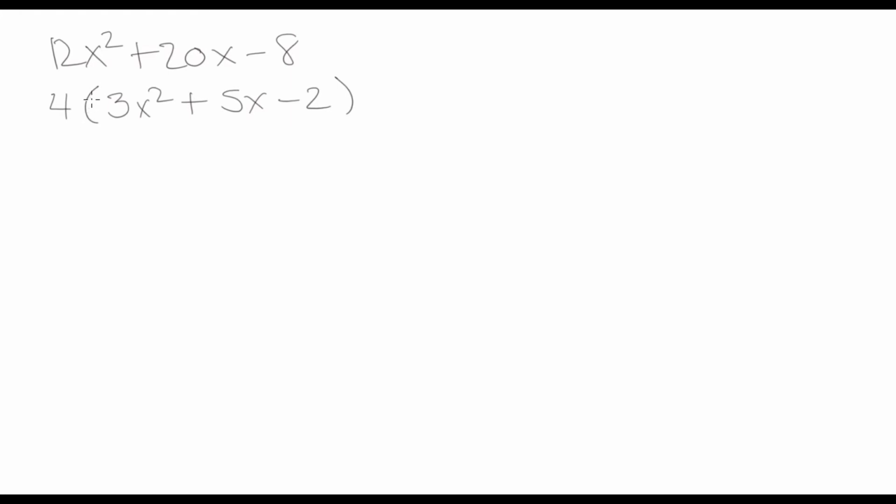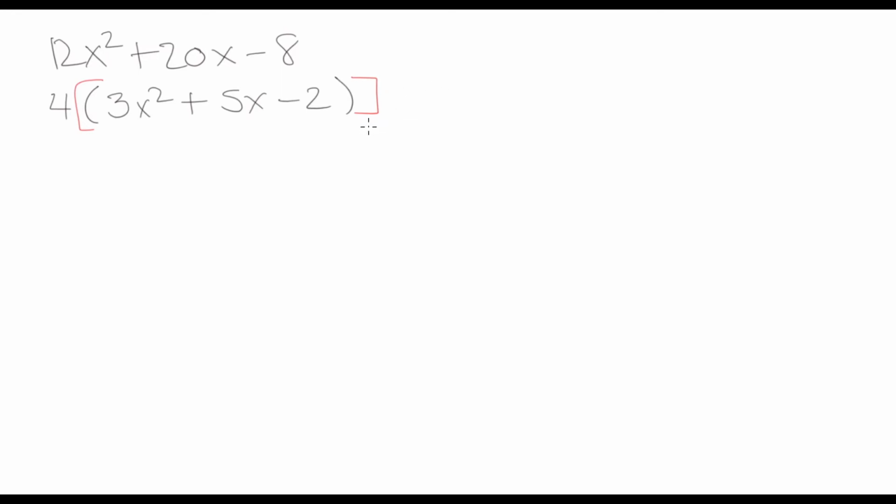Now, if we look at what we're left with inside the brackets, this expression can actually be factorized even further. So let's focus only on this part here for a second. If we take this part here and use the method of grouping in pairs, we can factor this even further. So let's use our grouping in pairs method and see what we get.